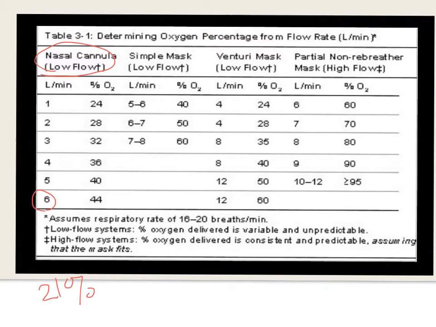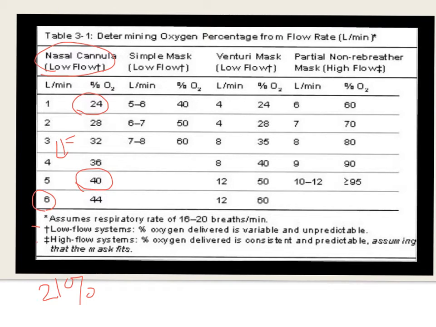And so just 1 liter increases the oxygen concentration that we're delivering to 24%, as compared to 5 liters, which would be 40%. Now when you're looking down here, remember we talked about low flow and high flow. So the nasal cannula is considered low flow.